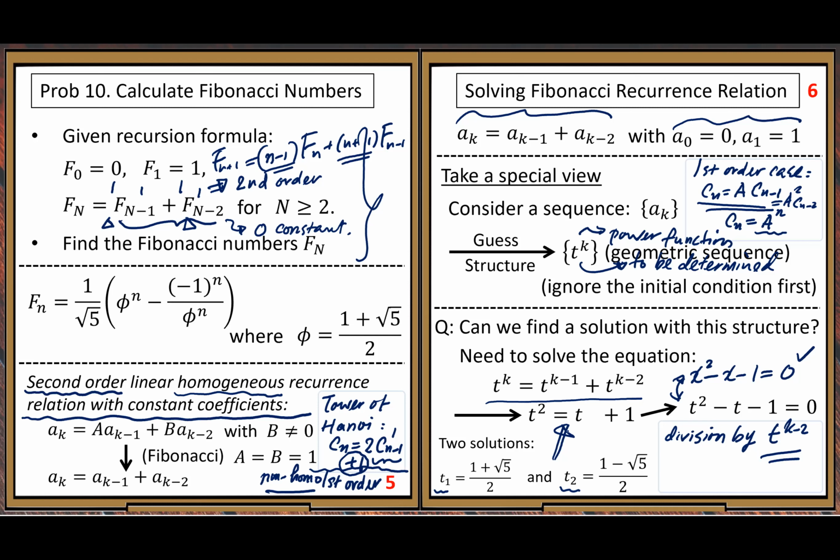But here, what is the meaning of this little t? It is just a solution that gives us a solution for the current recurrence relation.